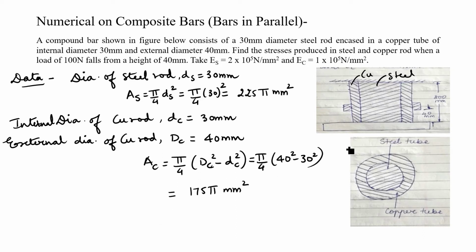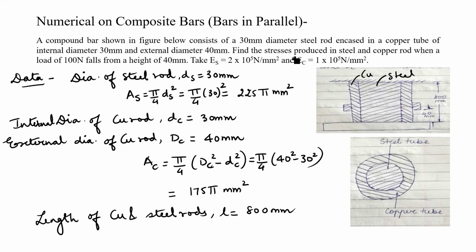Now if you look at this diagram, the total length of these two rods, because they are combined together, these two rods have the length of 800 mm. So let me write down the length of copper and steel rods. Both will be L and it is given as 800 mm.